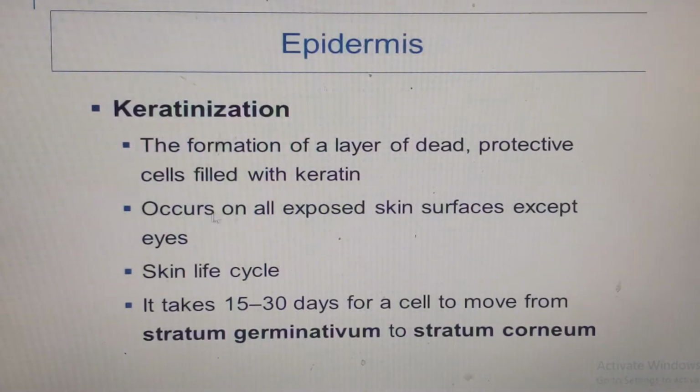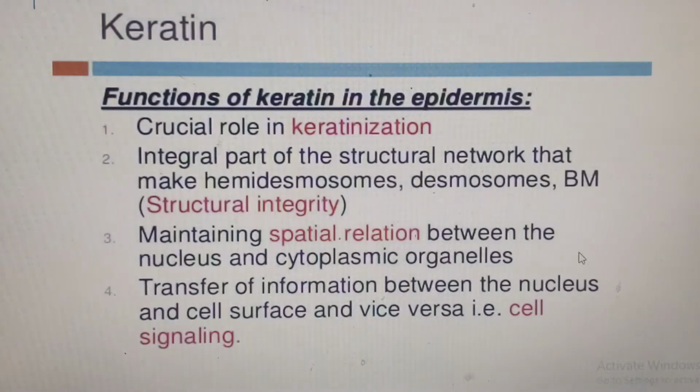But an area like the eye will not have keratin. For keratinization to take place, it takes roughly a month for cells to move from the stratum germinativum to the stratum corneum, for complete keratinization. But I told you that exfoliation takes roughly 4 weeks, or sometimes it may reduce to about 75 days. So please get to know these.